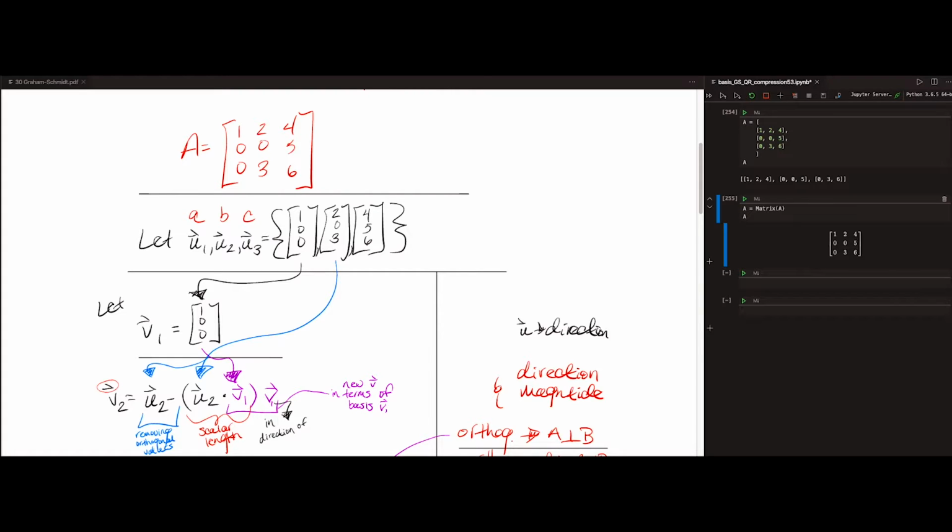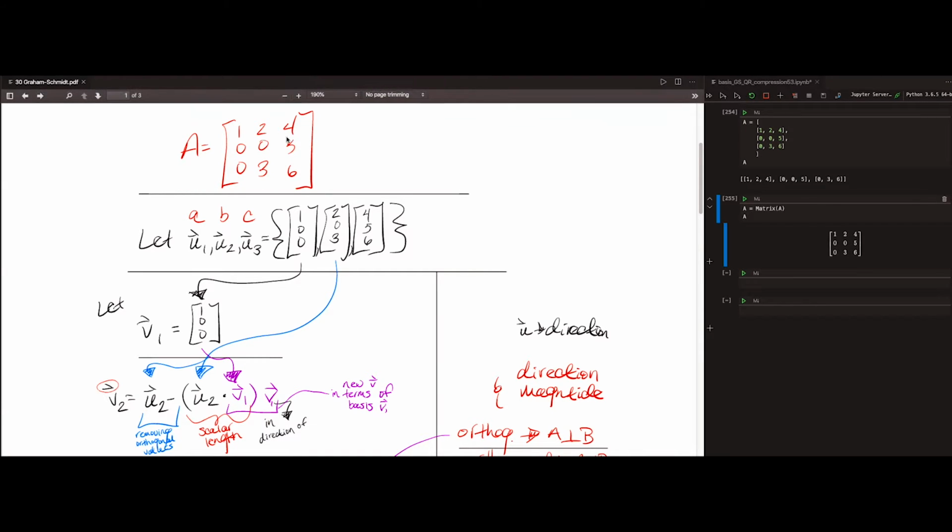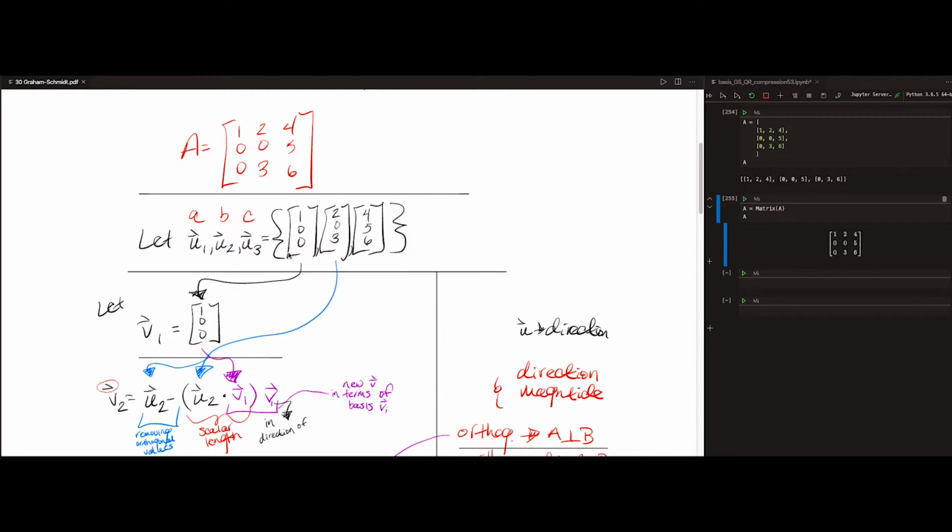So moving on, the idea is that we want to take these vectors in this set and make sure, first of all, that they are linearly independent, and that one does not span the other such that there is linear dependency.